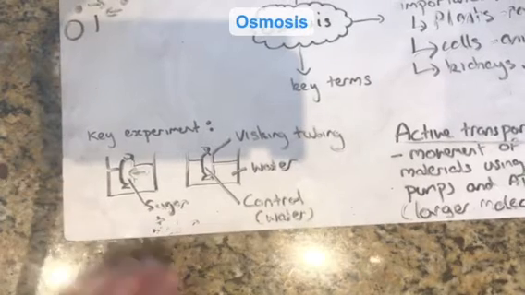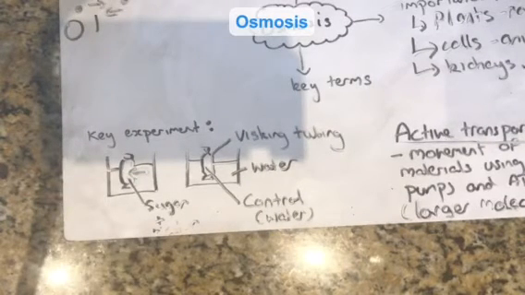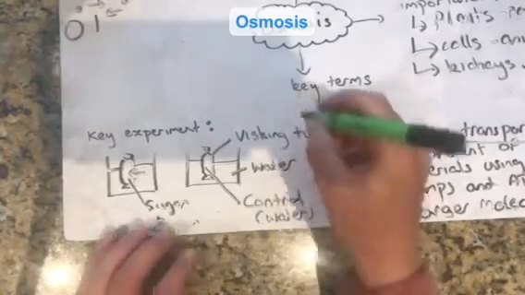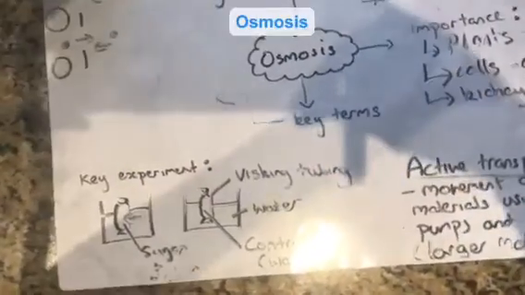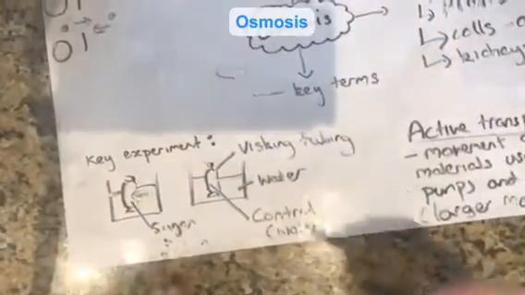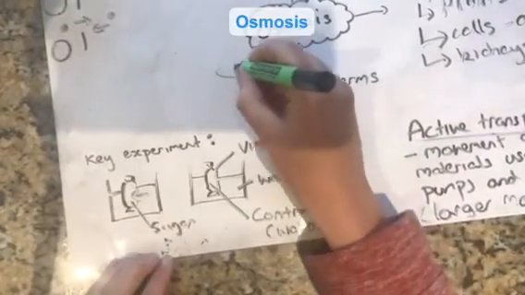Okay, now key terms. Your key terms, girls, for osmosis. I haven't left myself a huge amount of room there, so apologies. Hopefully I'll be able to fit these in. I've got a new pen, hopefully this is working a little bit better.